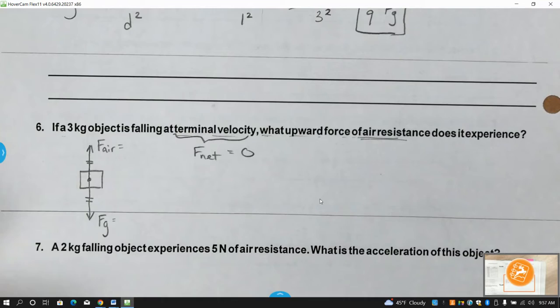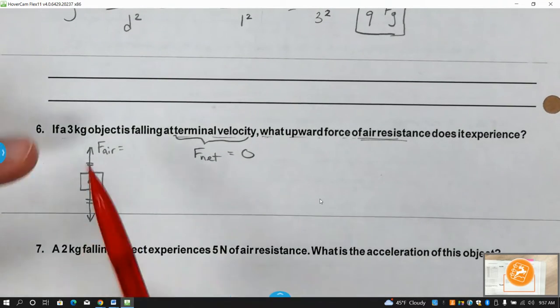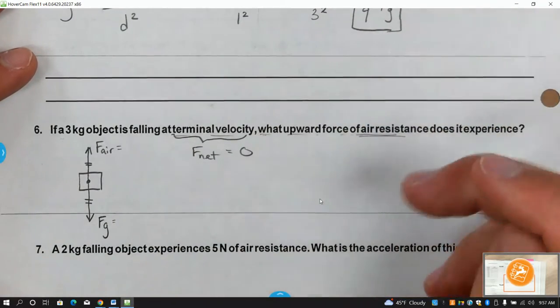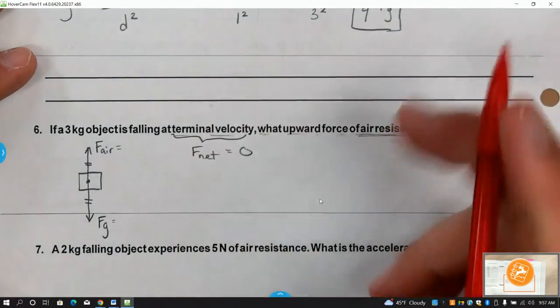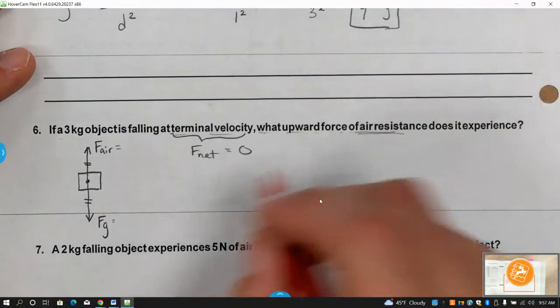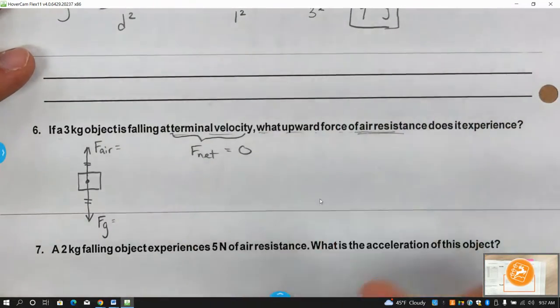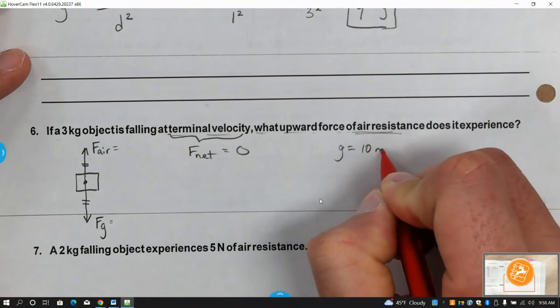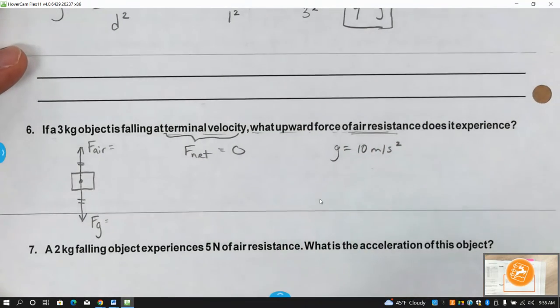So what do we got to do? We can figure out what the weight is. I know we were using 9.8 or 9.81 in some of the problems up here, but right now, so the calculations are quicker and easier, we're going to use g as 10 meters per second squared.